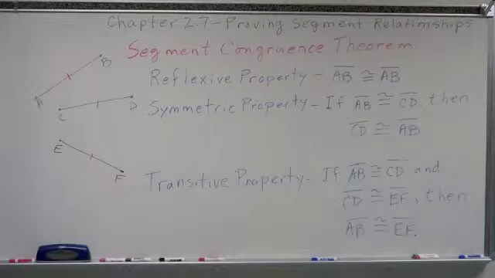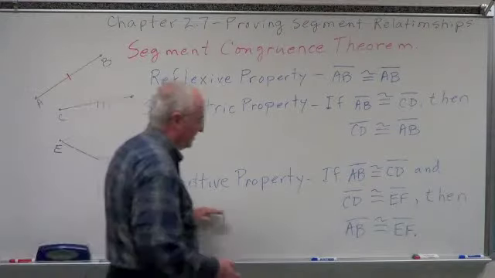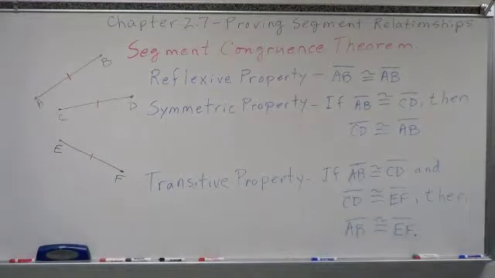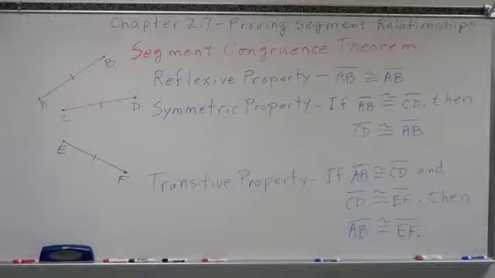The Segment Congruence Theorem for the transitive property. So we're going to go through that proof, and then from that, you'll be able to look at the reflexive property and the symmetric property and be able to prove those.